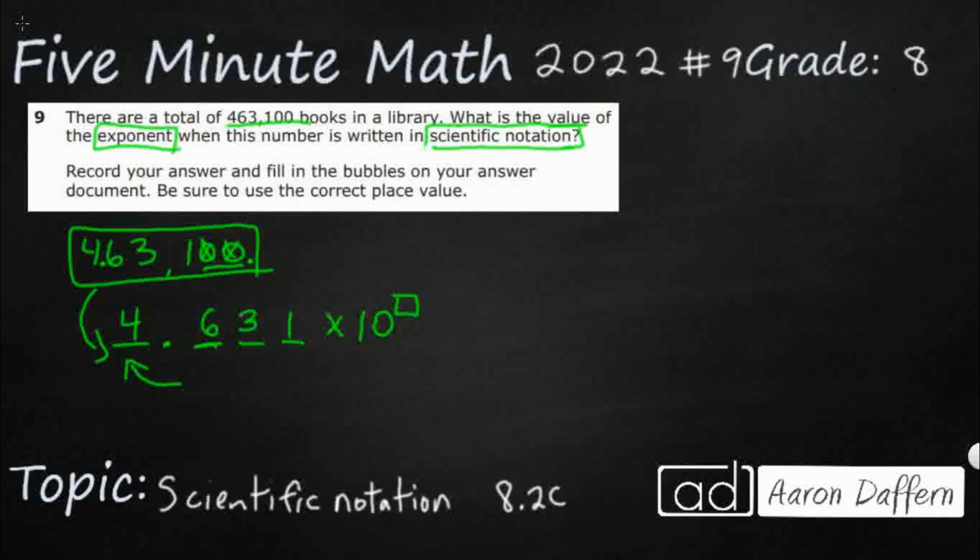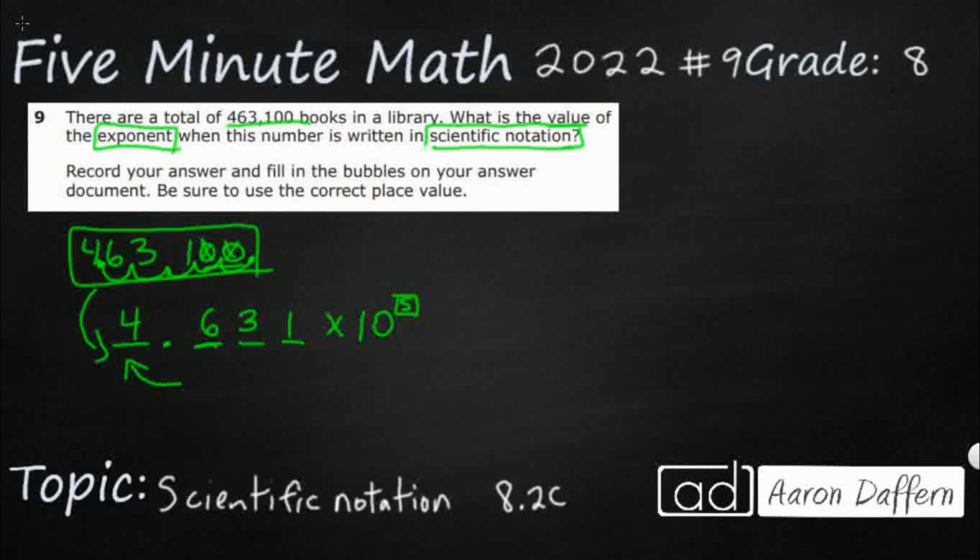Well, the decimal is at the end of the number to start with, and you're going to think, I moved it over once, twice, 3 times, 4 times, 5 times. All right, so if I wanted to go from 4.631 back to 463,100, I need to move the decimal 5 times, which means I need to multiply it by 10 5 times, or 10 to the 5th power.